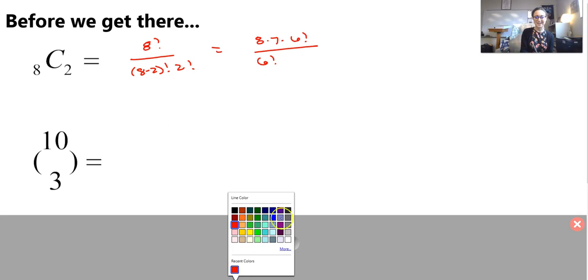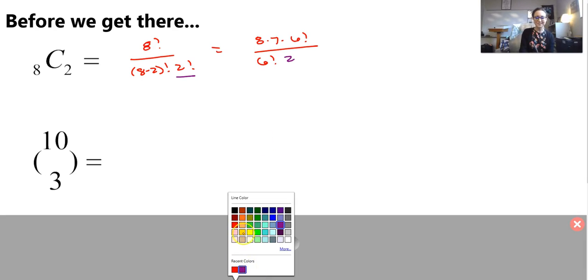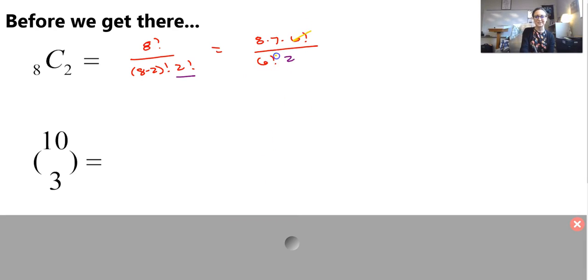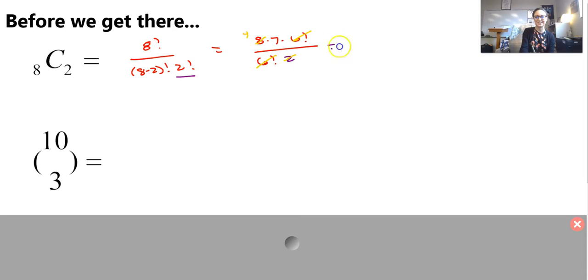And then we still have the 2 factorial, which is 2. Okay, so if we divide out here, those become 1, 2 goes into 8 4 times, and 4 times 7 is 28.